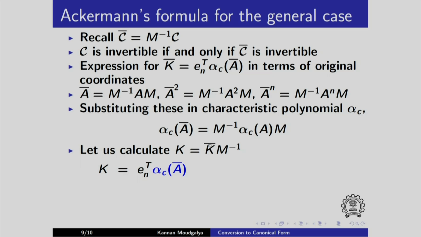I have written this for K bar only. I have to write this M inverse also, which I write now, and substitute for this alpha c of A bar from here, M inverse alpha c of A into M, I have written it here, and of course this M inverse comes from here.